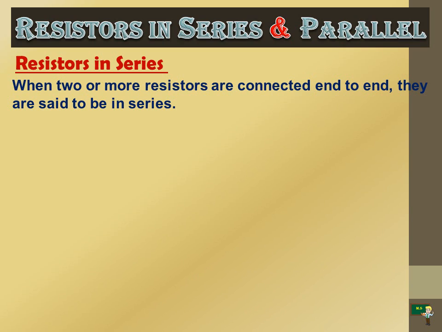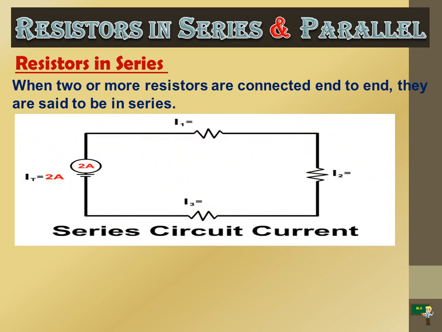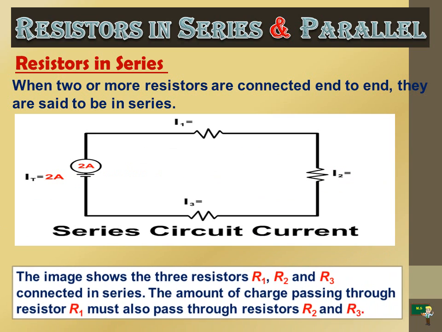When two or more resistors are connected end to end, they are said to be in series, like street bulbs. Here you can see one resistor R1 is here, another resistor R2 is here, and here another third resistor R3. When you provide 2 amps of current here, these resistors will resist the current in the circuit.